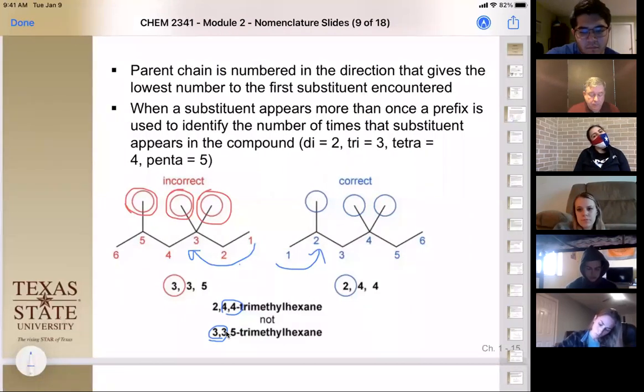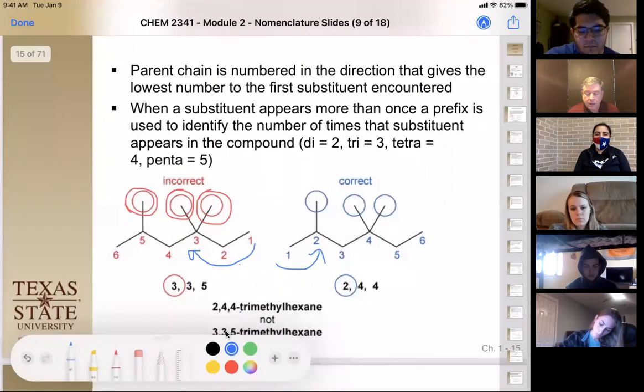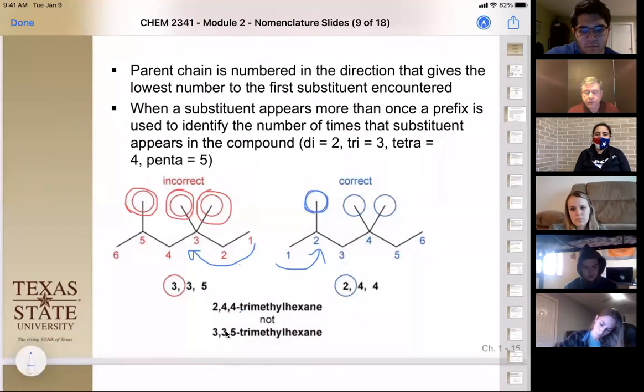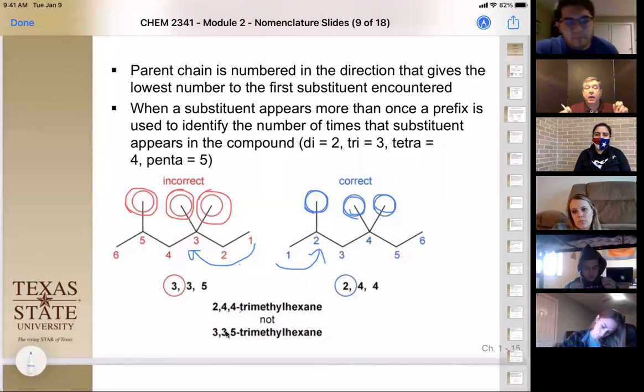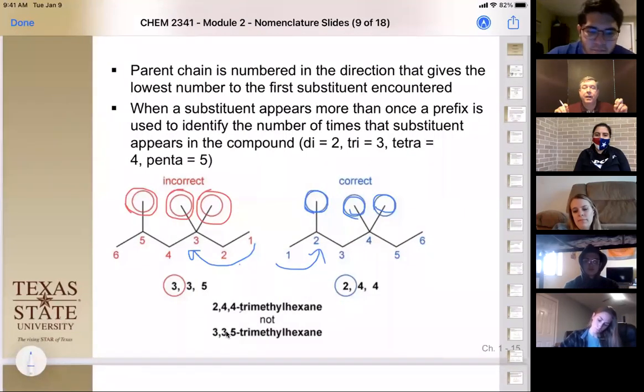Okay, so now that we have that first lowest number, we know that our substituents are on the 2 carbon and we have 2 substituents on the 4 carbons. So now we have to identify our substituents.